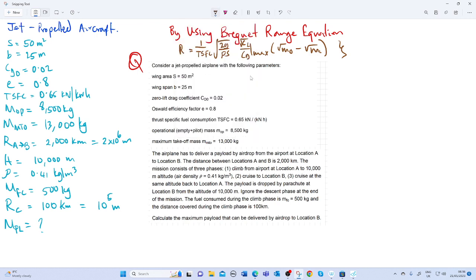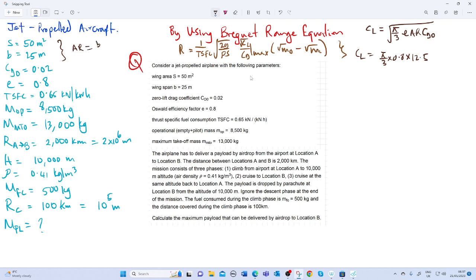So therefore, first of all, we need to calculate the CL, that is the coefficient of lift. The coefficient of lift, by using the formula, is the root of pi over 3 times e times AR times CD0. Our CL becomes pi over 3 times 0.8 times 12.5, which is the aspect ratio.